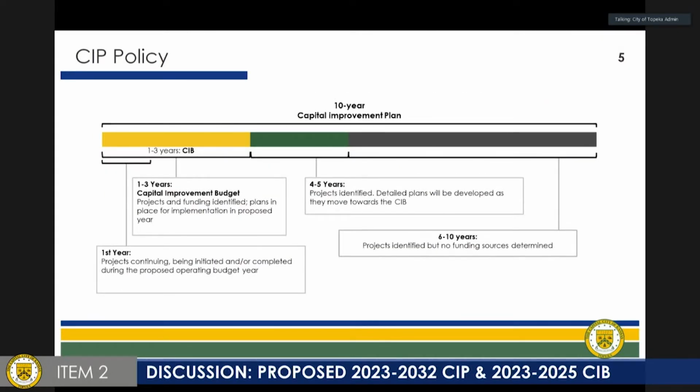The capital improvement plan gets split up a couple different ways. The first 3 years are what we refer to as the capital improvement budget, or the CIB. When we start talking about CIB and CIP, it gets really confusing really fast. So the 3 years is the capital improvement budget. That means those are projects that are underway.